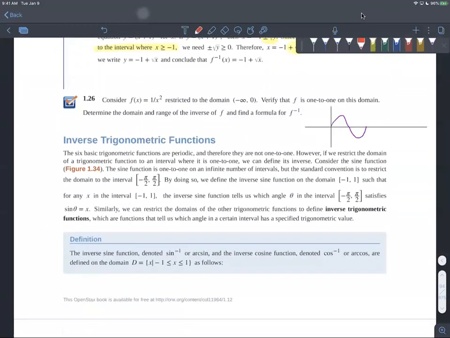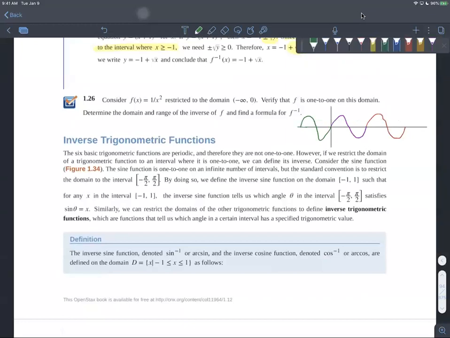I'll draw another period there, and maybe one going backwards. Something like that. So it's periodic, right? If you draw a horizontal line, it's not working. It's not one-to-one, right?